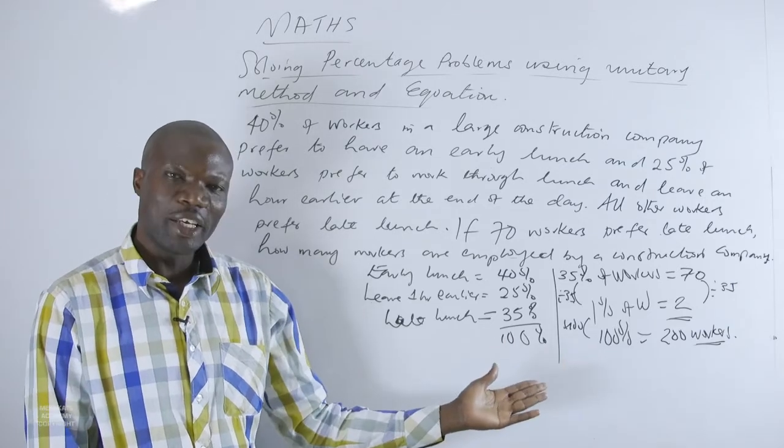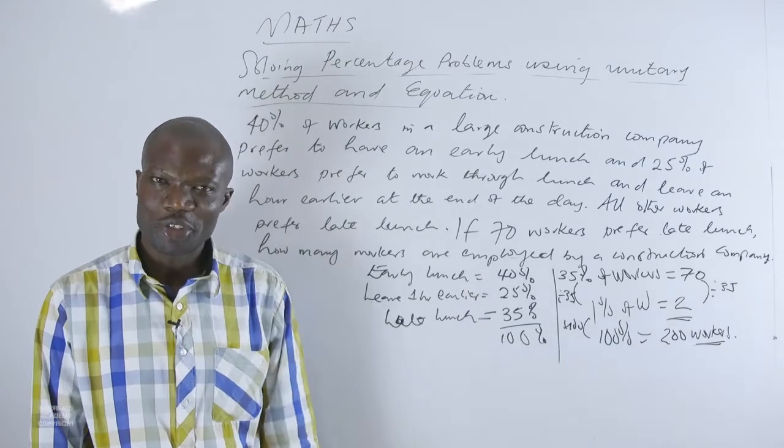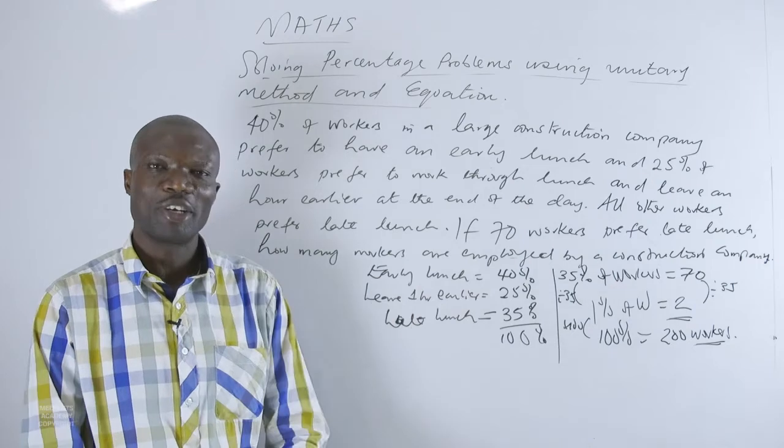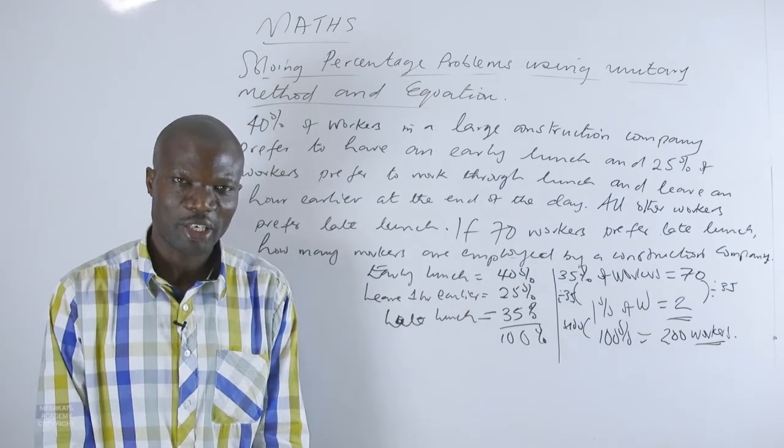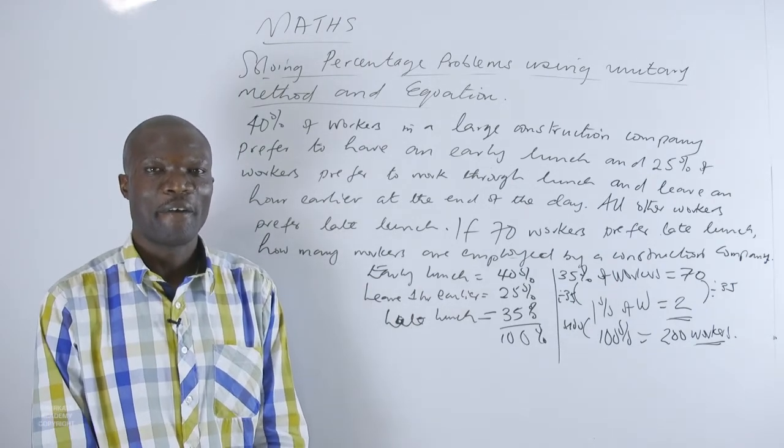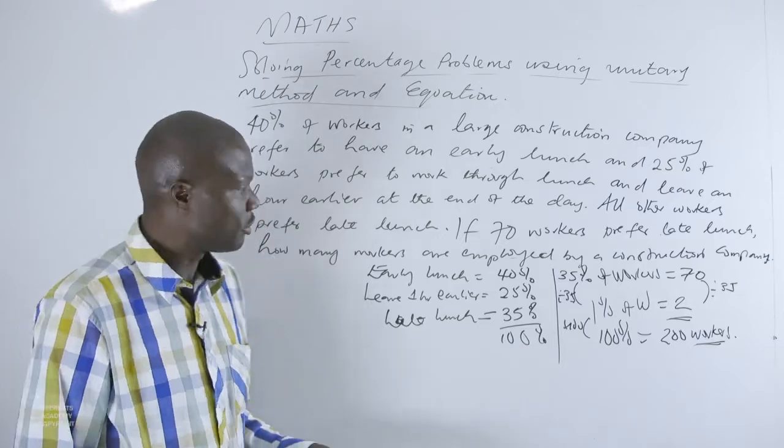So what we are seeing here is a unitary approach of finding the total number of workers in this particular company. Someone would have chosen alternative 2.